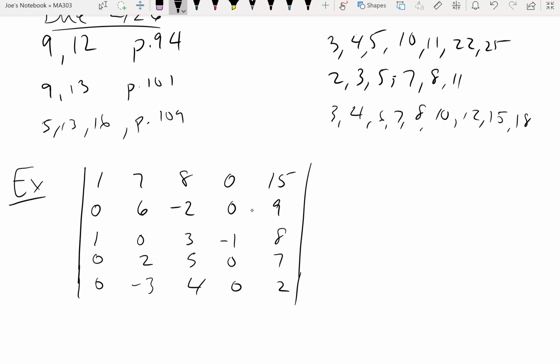So for an n by n matrix, there's n factorial products you have to compute. That's a lot to keep track of. So for this matrix, if you were actually doing it by the technical definition of determinant, you'd have to do 120 products. That's a lot of products to try to keep track of, make sure you chose them all correctly, right?